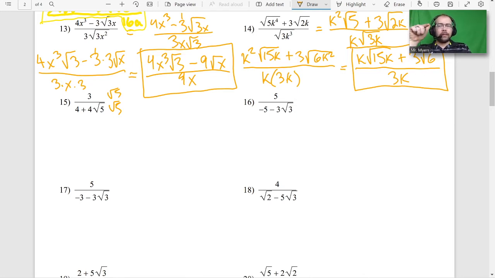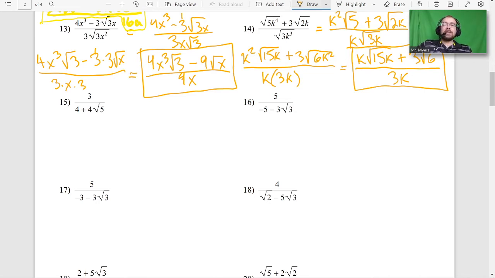So it'd be 3 root 5 over, I have to multiply the square root of 5 by both things in the denominator now. It'd be 4 root 5 plus 4 times 5, which is 20. And I wouldn't get rid of the square root in the denominator. So we're stuck. We can't go on. It's impossible. There's no answer. Nothing in sight. Except there is.